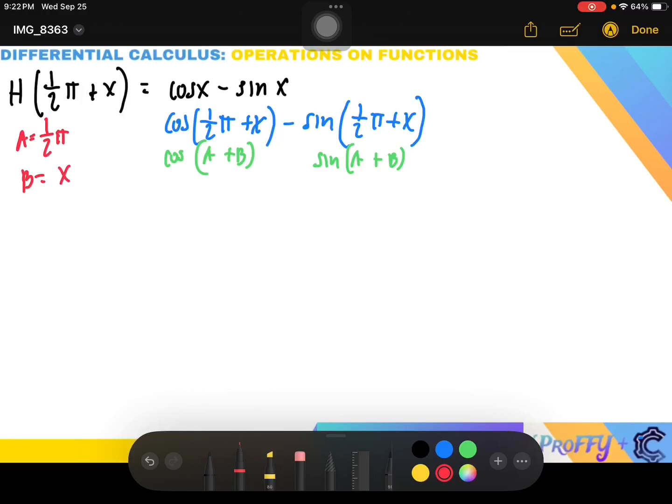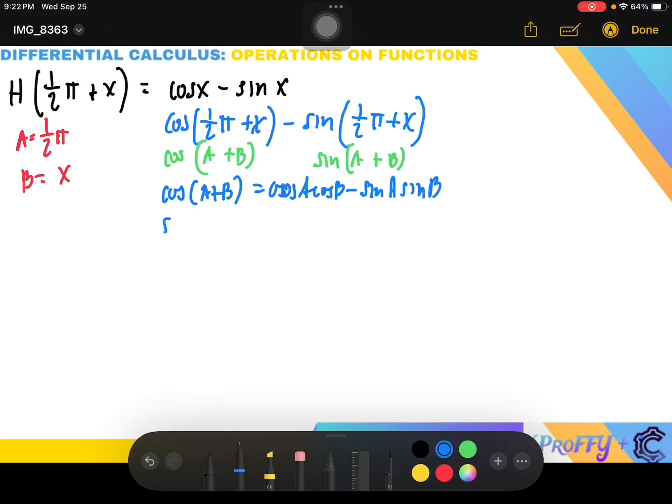Next, we all know that the formula for cosine of a plus b is cosine of a cosine of b, minus sine of a sine of b.